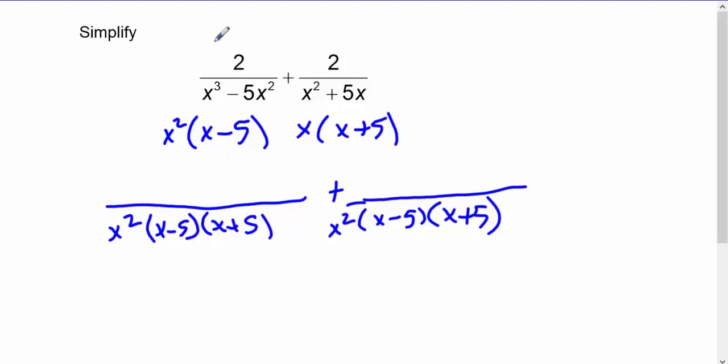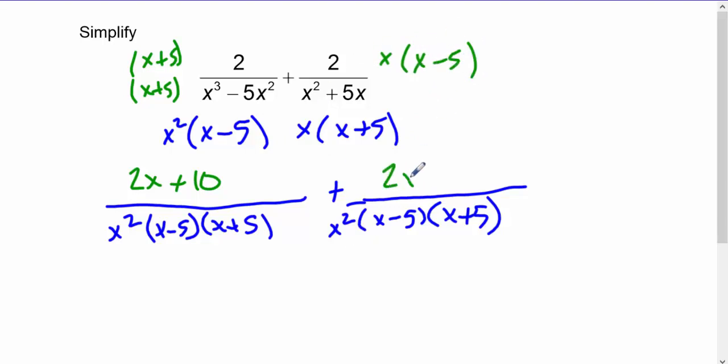All right. Change our numerators. Look for that multiple in form of 1. So notice I'm missing my x plus 5 here, giving me a 2x plus 10. And in this case, it looks like I'm missing an x and the x minus 5.